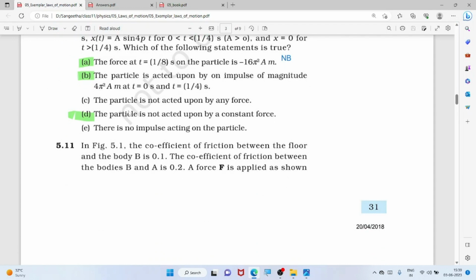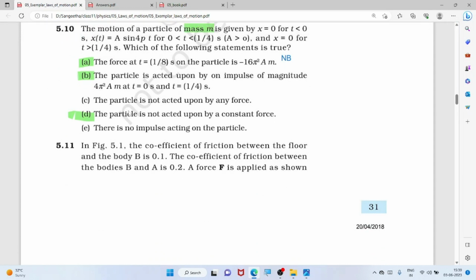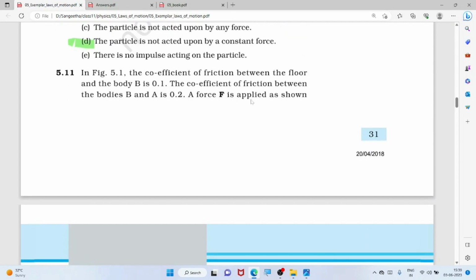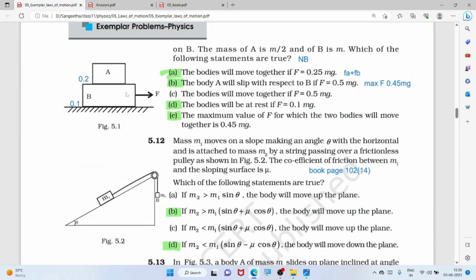The particle is not acted upon by a constant force. Okay, the coefficient of friction between the floor and the body B is 0.1. Body A, a force F is applied as shown. Okay, force is applied, and the opposing force is this frictional force.